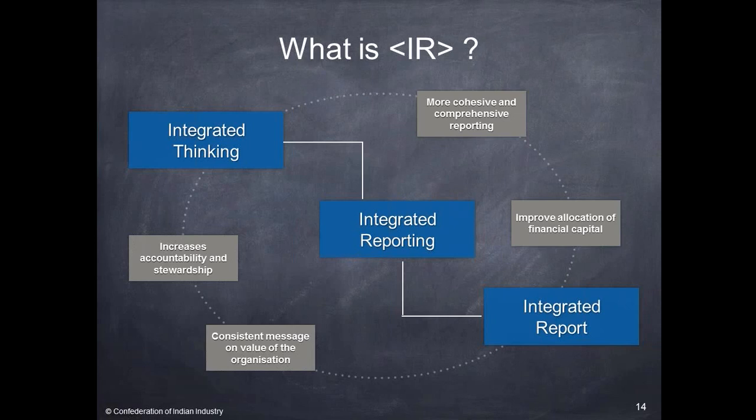One is the back end of it, which is integrated thinking, the front end, which is actually the report which comes out, and the integrated reporting, which is typically shown as IR in the two signs, is the process that goes through.